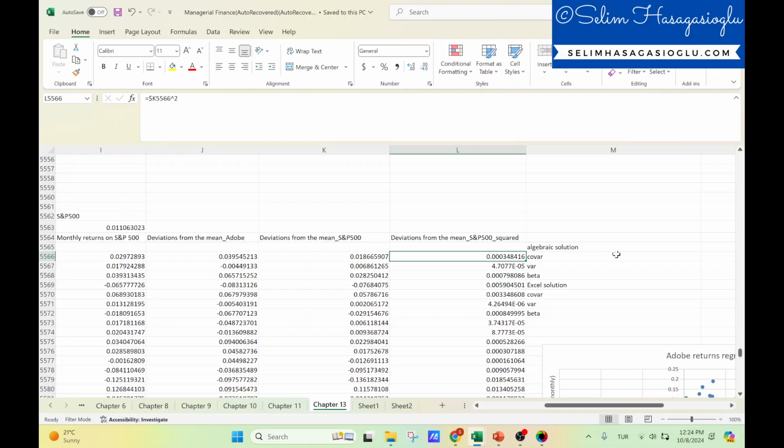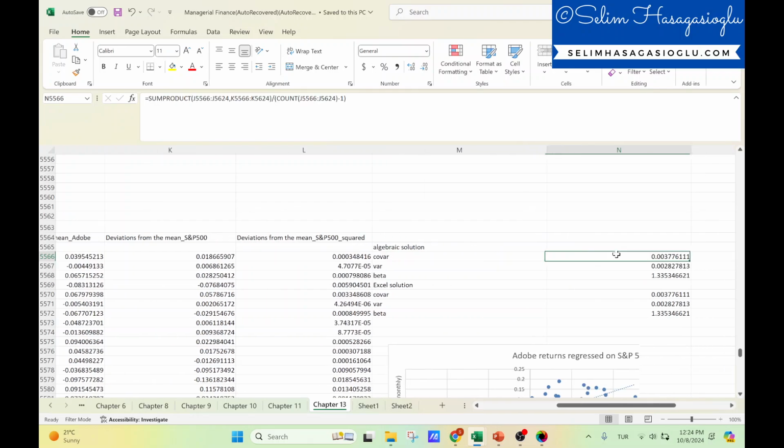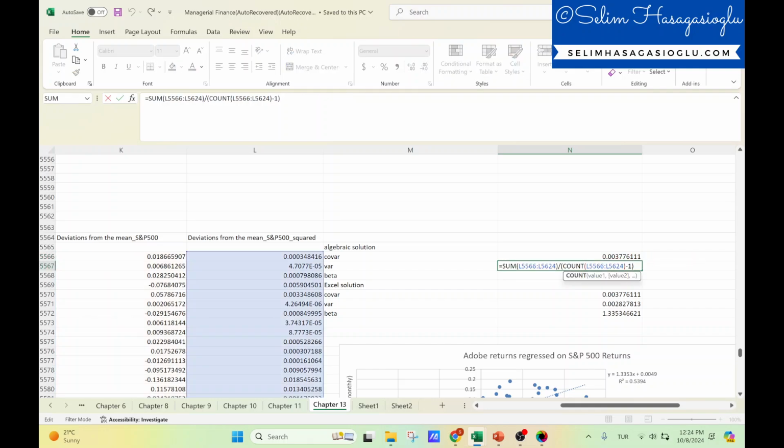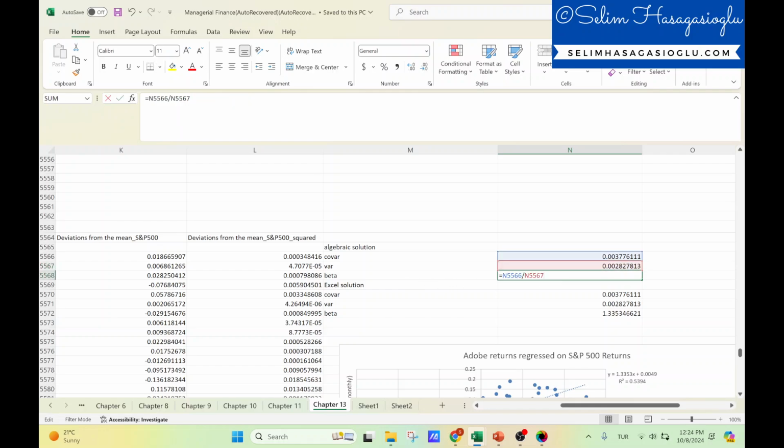Deviations from the mean for the S&P 500 need to be squared because we will be calculating the variance of the returns on the market portfolio. And then for the algebraic solution, you can use the sum product and divide it by the number of observations minus 1 in the denominator because of the sample convention. Or for the variance, the average value of these squared deviations from the mean, and the beta will be covariance divided by the variance, which is 1.34 or so.